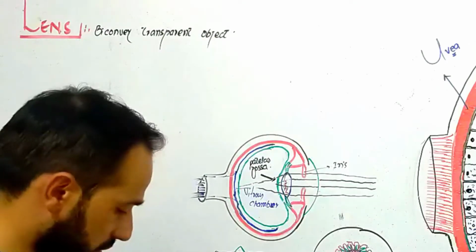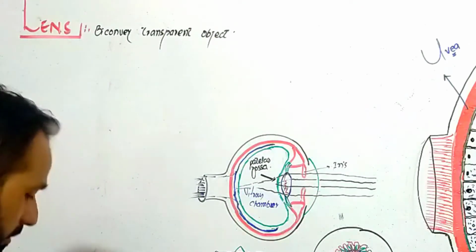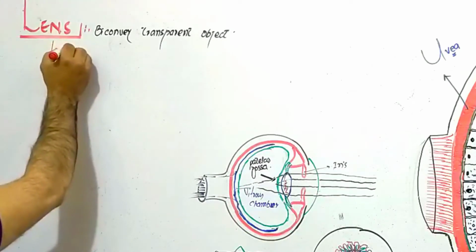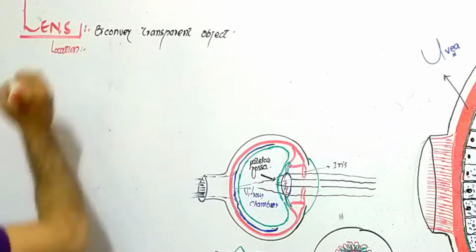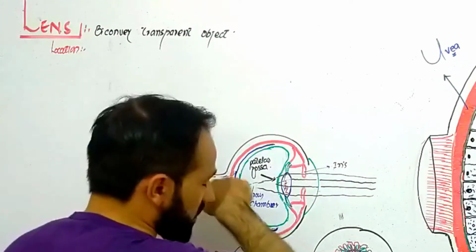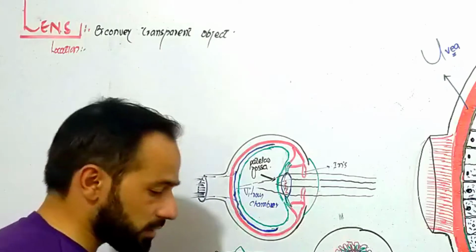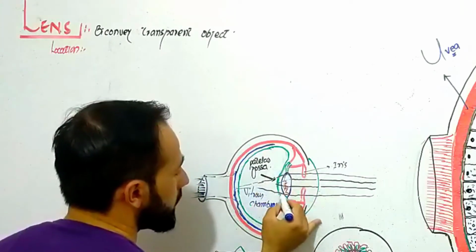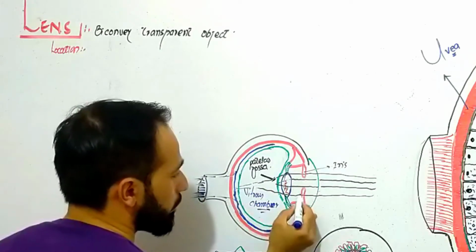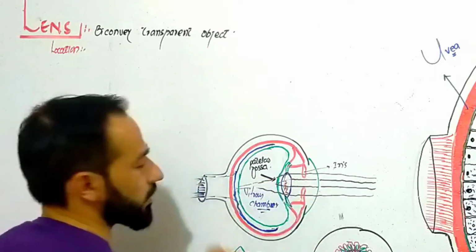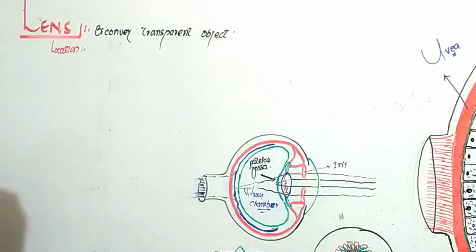Now the next point about the lens, let's go deeper into it. What is the location of your lens? Where is the lens located? Look carefully. First, a little bit of anatomy, then we will go into the structure of the lens. You know that the lens is located anterior to the vitreous body and posterior to the iris, in the patellar fossa, right? So let's write it here.